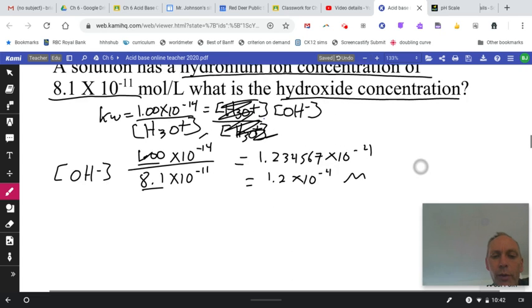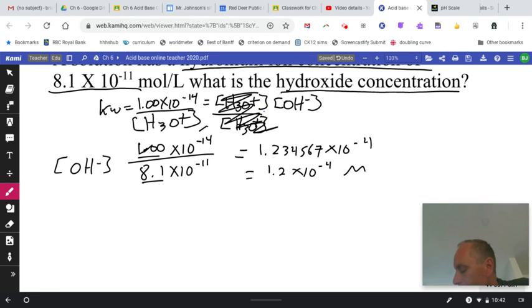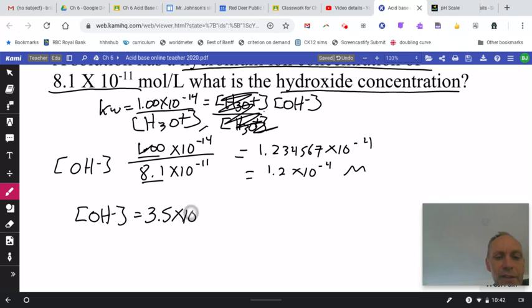Now I want to do a second one with you. You don't have this one in your notes, but you can write it down. So this time we have a concentration of hydroxide that is equal to 3.5 times 10 to the negative 6. What is the concentration of hydronium?